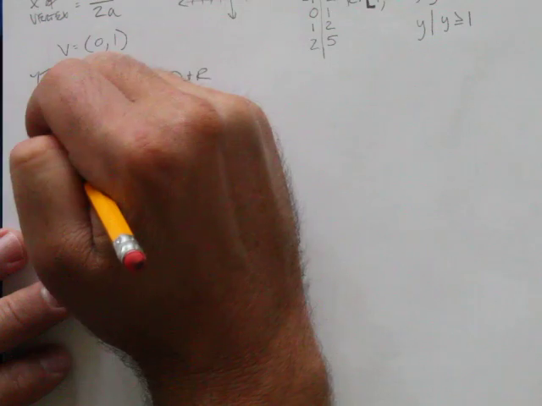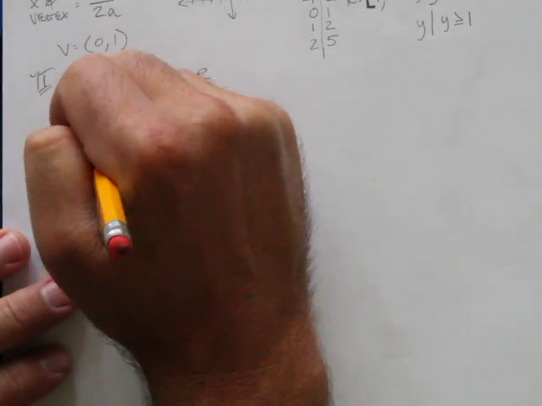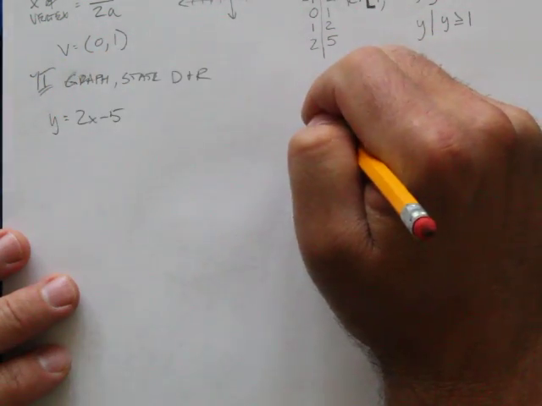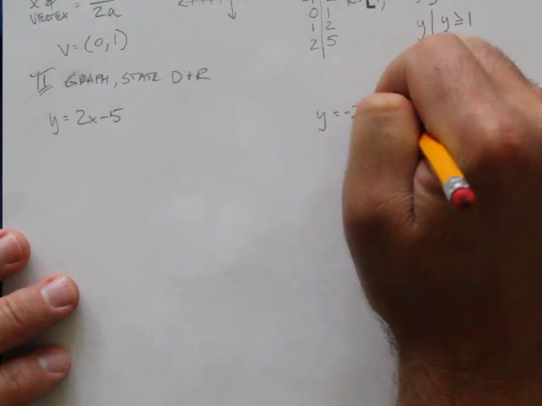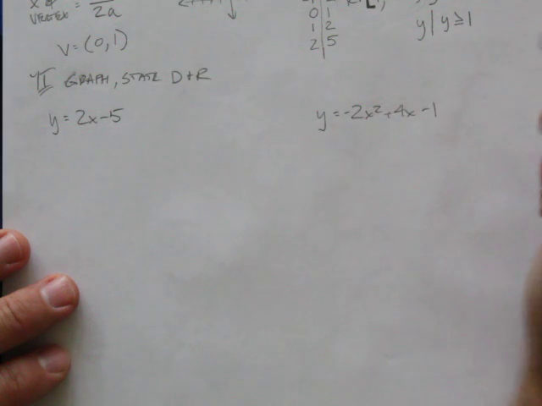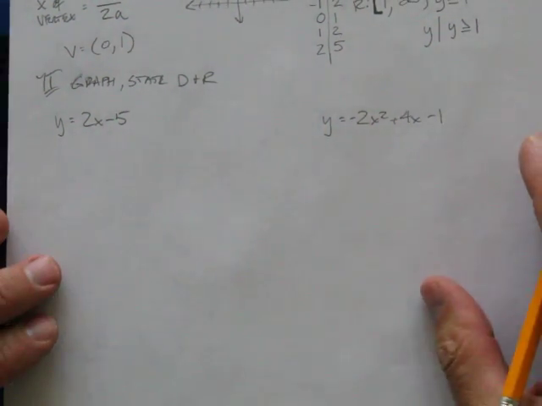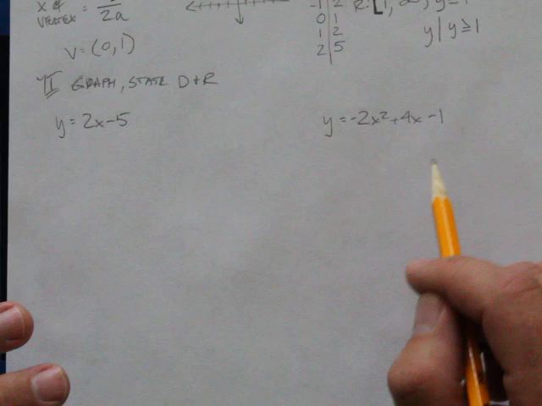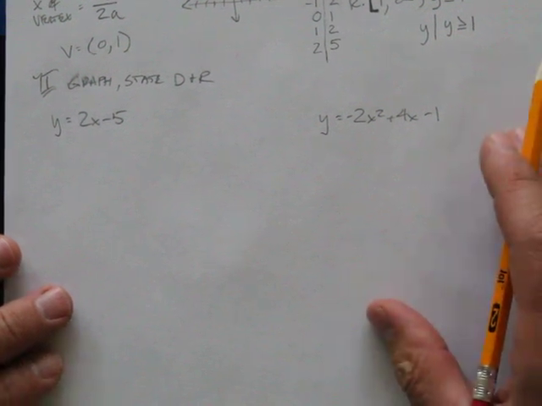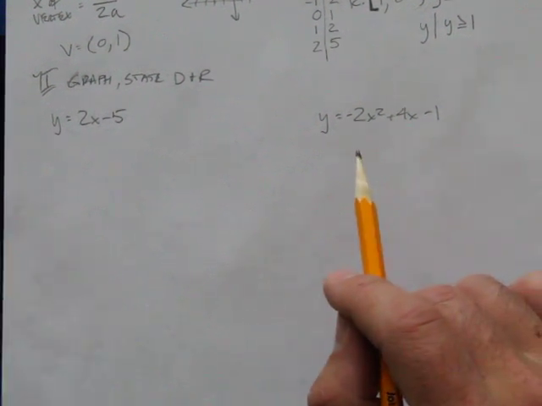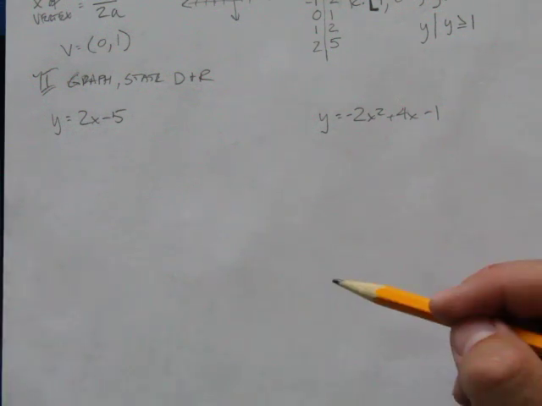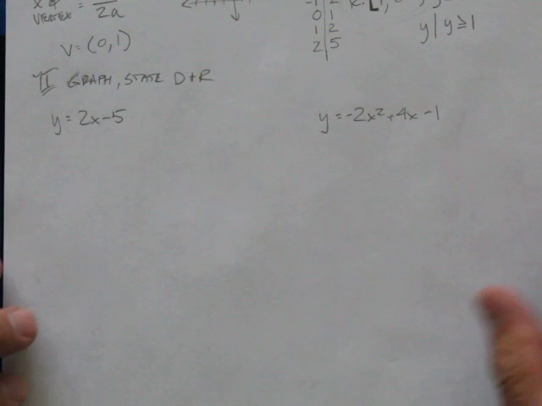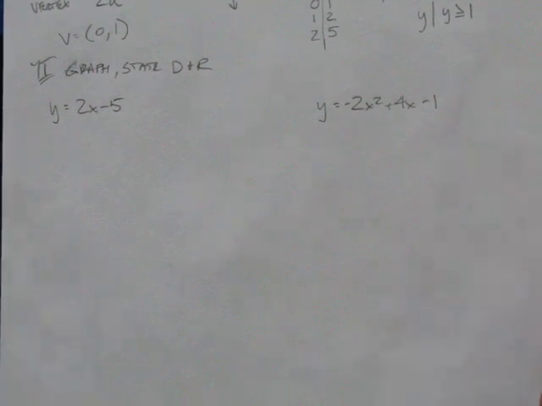One is a line, y equals 2x minus 5, and the other is a parabola, y equals negative 2x squared plus 4x minus 1. Follow the steps that we took to graph these things, and then we'll move on. You're going to pause here and then do your work, and then when you unpause, we'll do these together. Okay, go ahead and pause now.